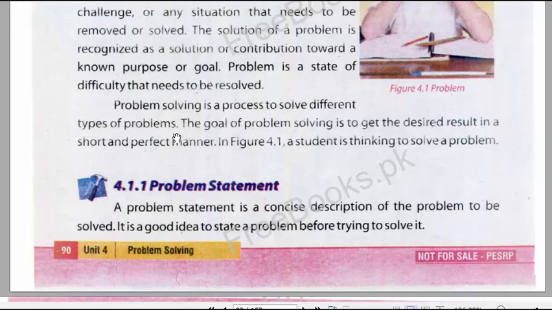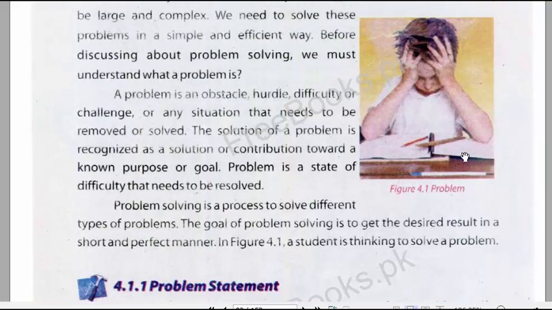Getting the required result in a short and well-mannered way is called problem solving. In figure 4.1, a student is thinking to solve a problem. Well, I don't know what kind of problem he is in.